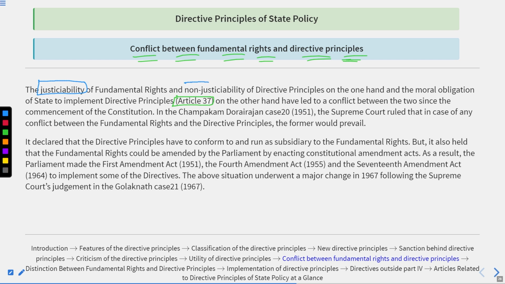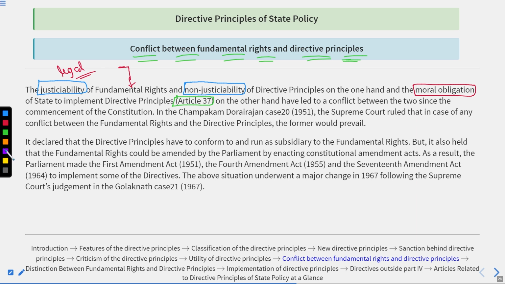Whereas the directive principles, which are another pillar of democracy, are non-justiciable. However, we have provided Article 37 in the Constitution, which says that the directive principles must be implemented, but not on the legal obligation as per the fundamental rights, but on the basis of moral obligation. And this is the conflict between the two since the commencement of the Constitution.